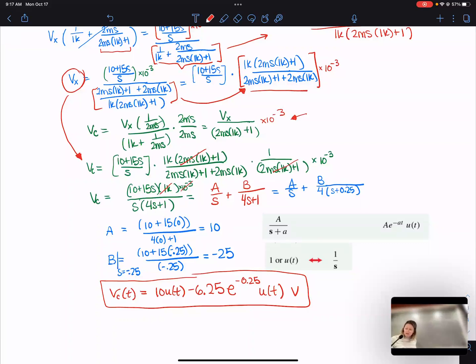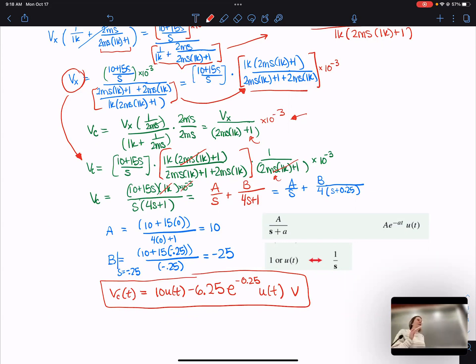And then Vx is this portion here, and then it's divided by this. Those end up canceling the top and the bottom component, and the 1K times 10 to the minus 3 cancel each other out to give you 1. You're left with the 10 plus 15S over S. And then I just multiplied the bottom part out. So it was 2S plus 1 plus 2S, which became 4S plus 1.